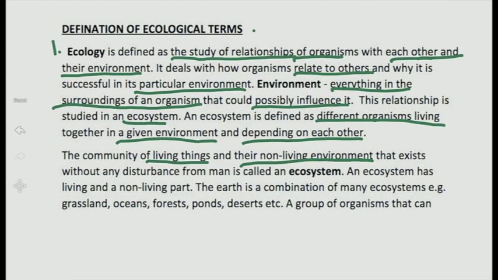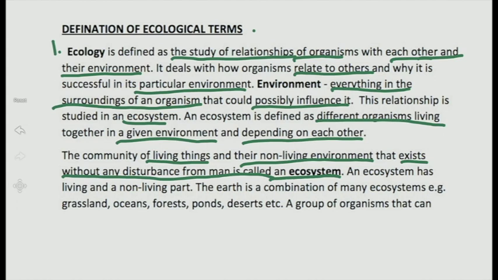So the community of living things and their non-living environment that exist without any disturbance from human, this is what we call the ecosystem. If the system is not disturbed and it is having only those organisms which are naturally there, then it will have an undisturbed ecosystem.